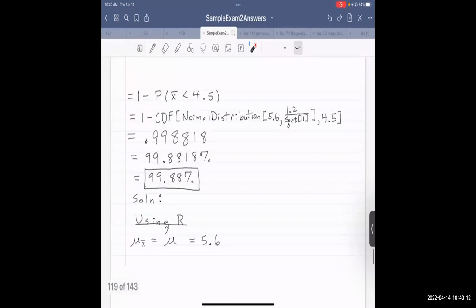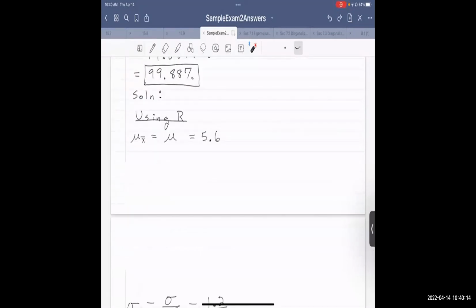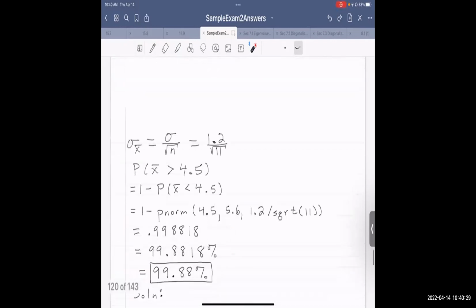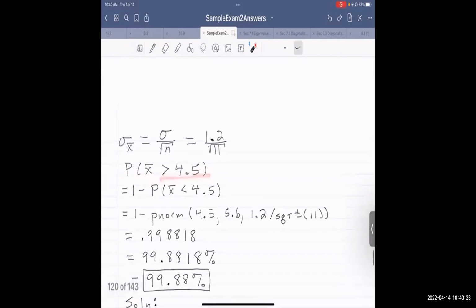And so the standard deviation for the sampling distribution of all possible sample means is sigma over the square root of n, 1.2 over the square root of 11. And so I want to find the probability that X bar is greater than 4.5.